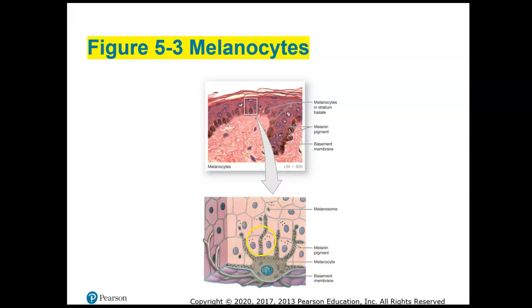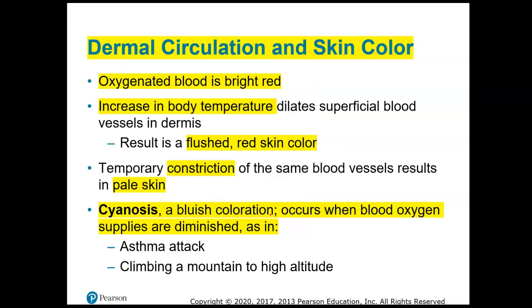You can see that it's got all the brown melanin pigments within it, and the melanocyte has all these extensions, and then the extensions pinch off, kind of like, remember when we learned about the Golgi apparatus or the Golgi complex, the ends of it will pinch off and form a vesicle. So the melanocytes will pinch off and form a vesicle called a melanosome, and the melanosome will carry the melanin to cells in the epidermis, more superficial cells.